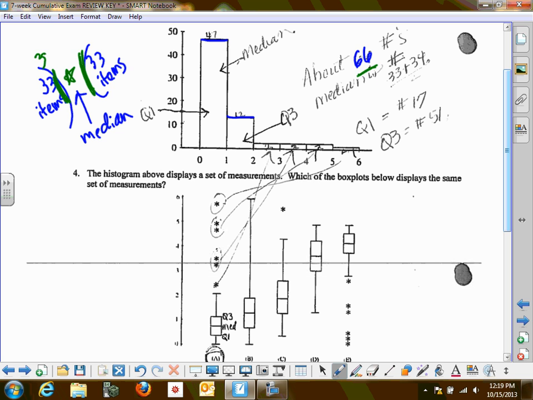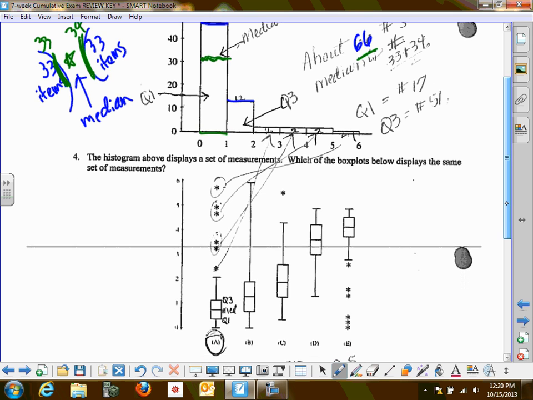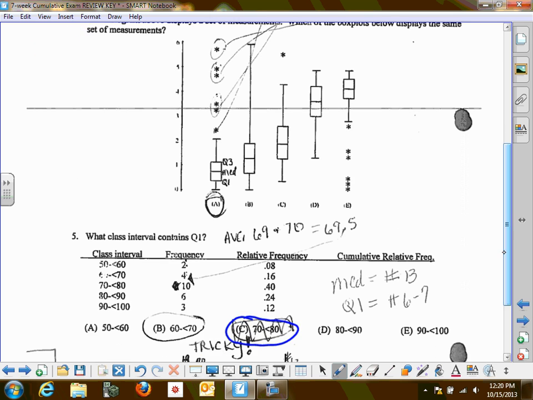This is the 33rd item. This is the 34th item, so that puts it about right here. So there's the median, which is from 0 to 1. And then you can find the answer from there, because the only one that had the median from 0 to 1 was answer choice A.